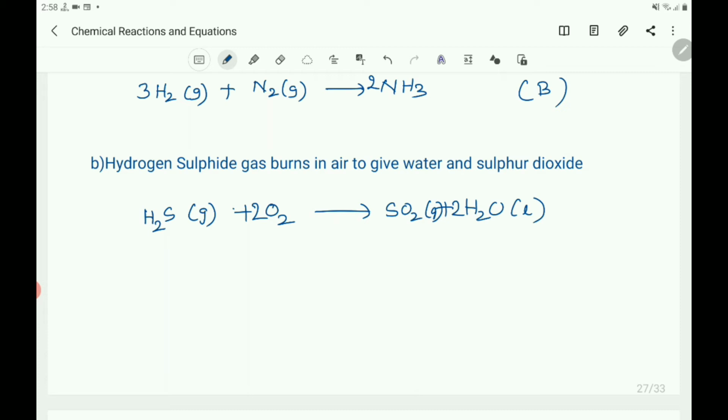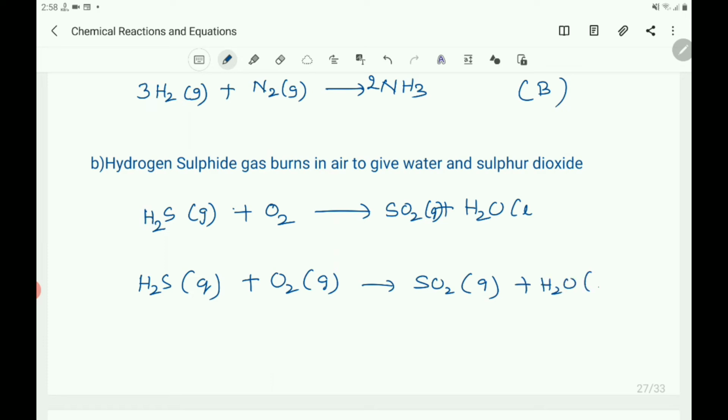But here, is it possible to balance it this way? You can't do that. So you write once again H2S gas plus O2 gas gives SO2 gas plus H2O liquid.